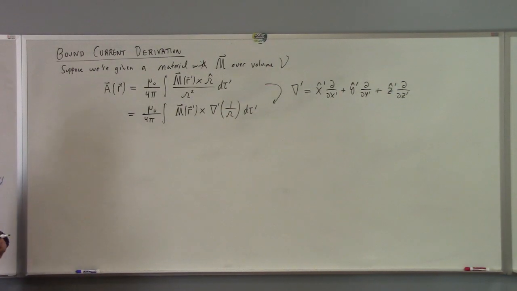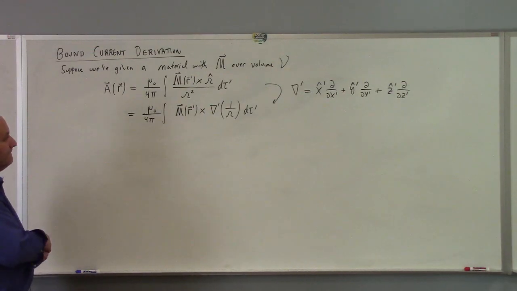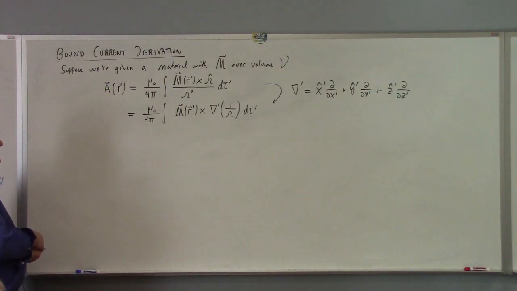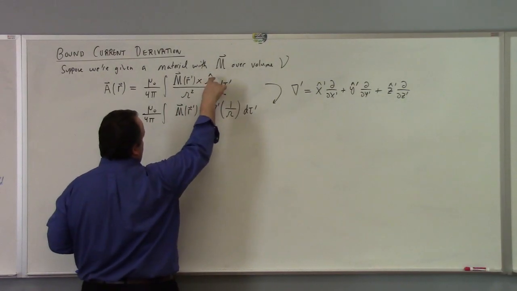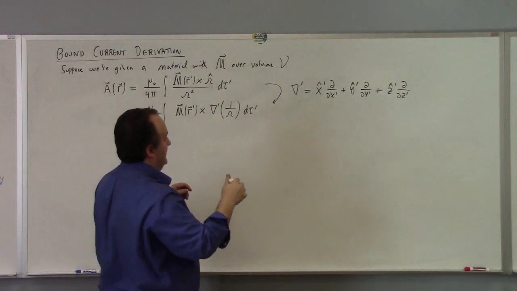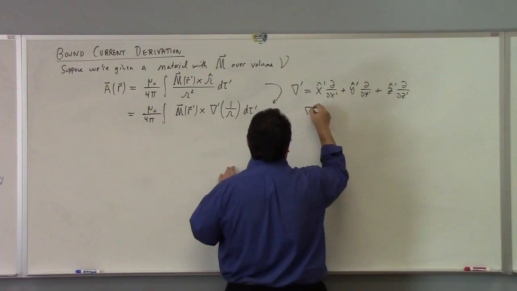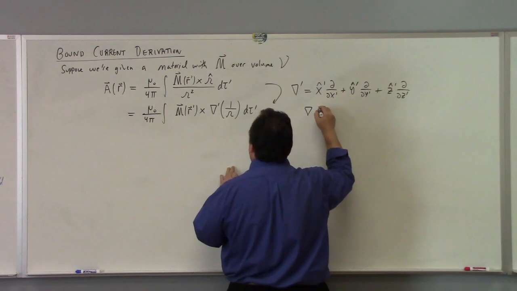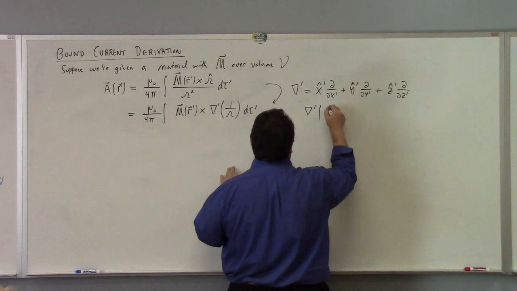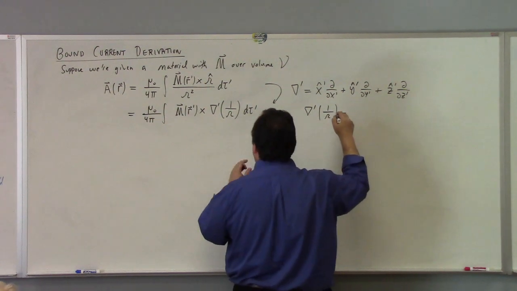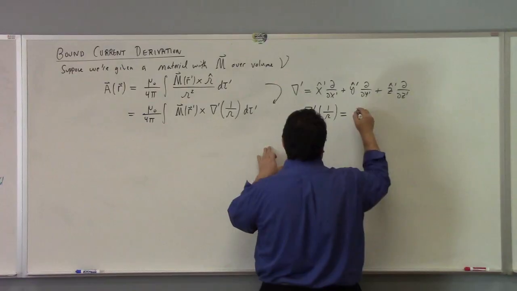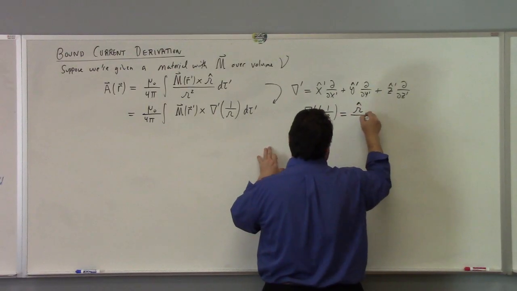Yeah? Is that r squared applied to just the r hat, or applied to that whole? Well, that's just a cross product. So this is just a scalar multiple of 1 over r squared, so I can bring it in there, and there's an identity that the nabla prime of 1 over script r is equal to script r hat over r squared.